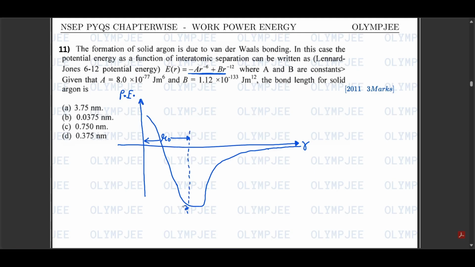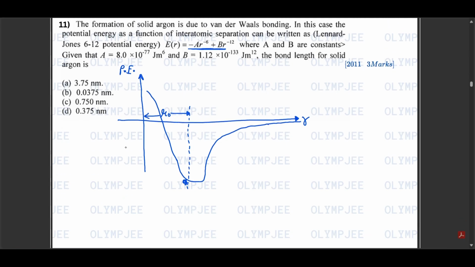So the minima of this E(r) function needs to be found out. We basically need to find dE/dr at which point it is 0. First let us find the derivative. It will be 6a r^-7 minus 12b r^-13 equal to 0.